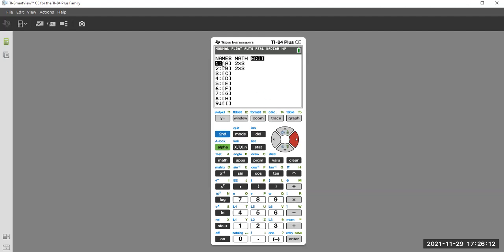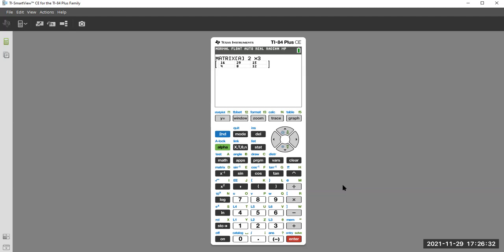So matrix A will be my observed matrix. I'll hit enter. And the first thing I notice for the matrix I have is I have a 2-row and 3-column matrix, but I need a 2-row and 2-column matrix.